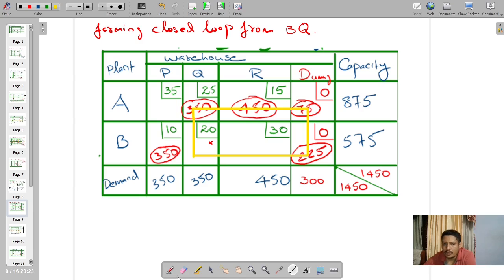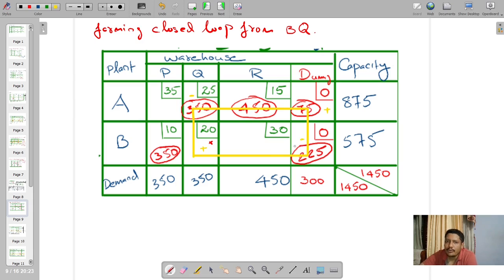Next step is to add alternate plus and minus signs starting from the selected water square. If the selected water square is BQ, that is positive, this is negative, this is again positive, and this is again negative.